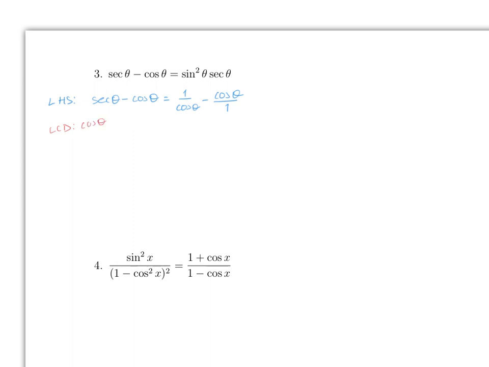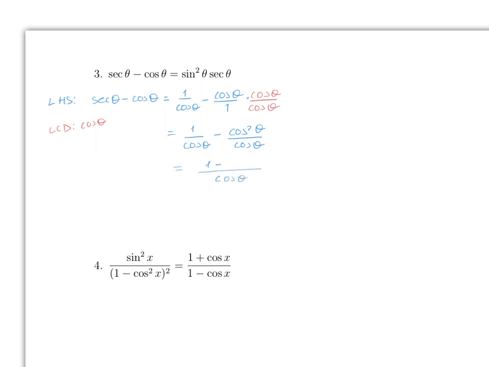Since this one has cosine already, this is the only one you have to multiply by cosine. So we multiply by cosine. Now we have 1 over cosine theta minus cosine squared theta over cosine theta. Once they have the same denominator, you can just subtract the tops and keep the denominator.